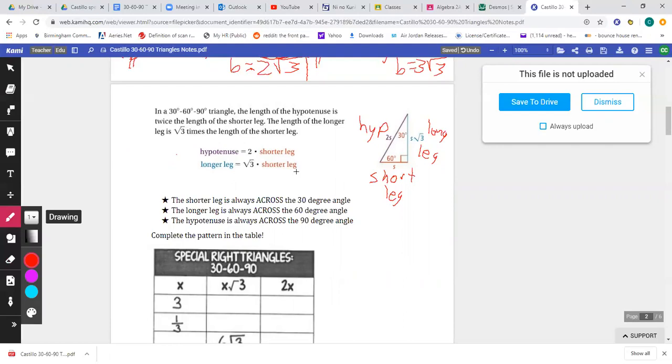Okay, if you're given the short leg and you want to get to the long leg, you multiply by root 3. And so if we go backwards, from long to short, we're going to divide by root 3.